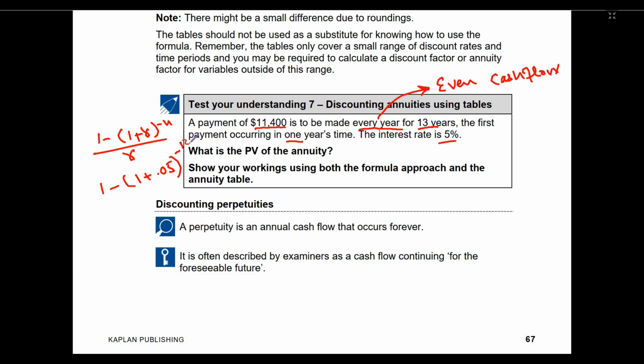So first of all we will calculate this expression, then we will subtract it from 1, and then we will divide it by 0.05, and then finally we will have some answer. I am not going to calculate it right now, you can calculate it later. Anyhow, whatever the answer comes, we will simply multiply it with 11400, and we will get our final answer.